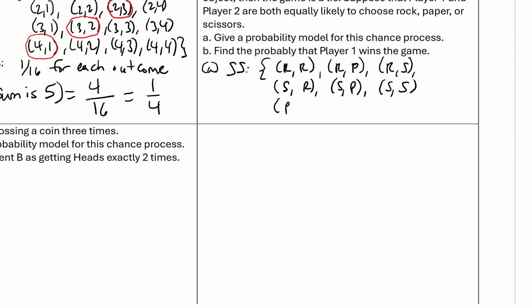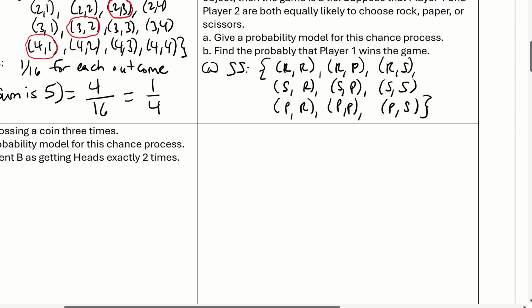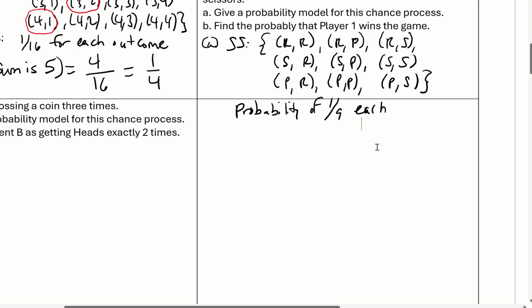We got the first player choosing paper, and then rock for the second, paper, paper, and then finally paper, scissors. So that's my sample space, and it's a probability of 1/9 each. Okay, so it's 1/9 because we got 9 possibilities, and each of them are equally likely.